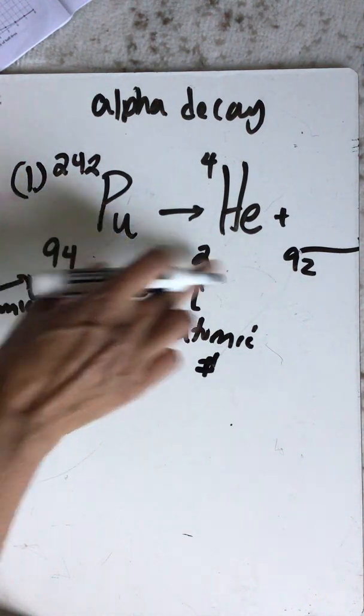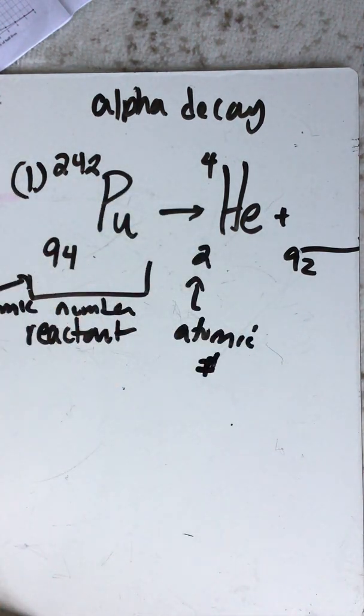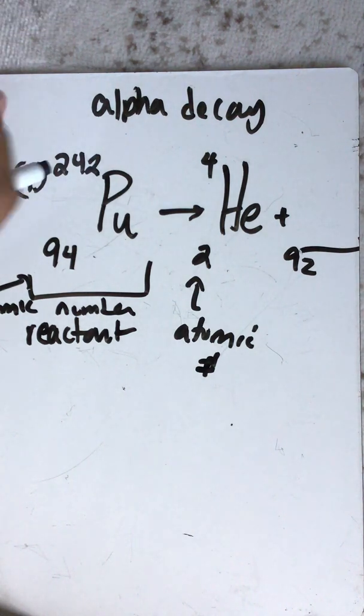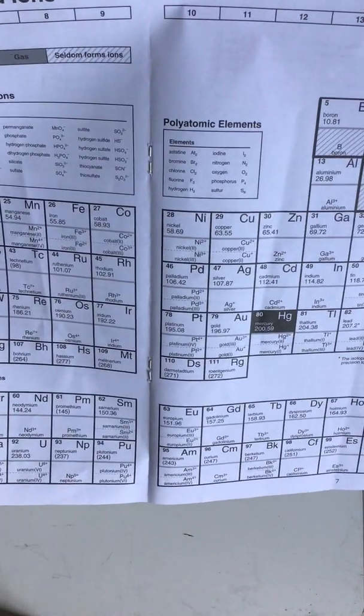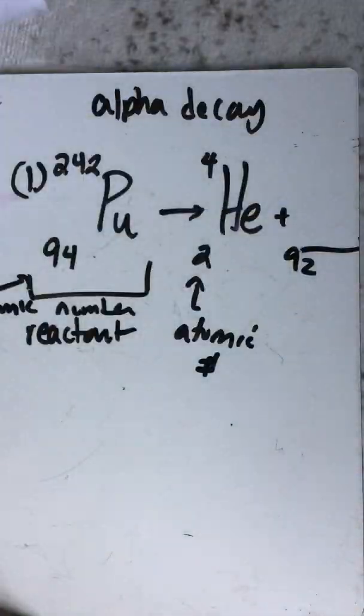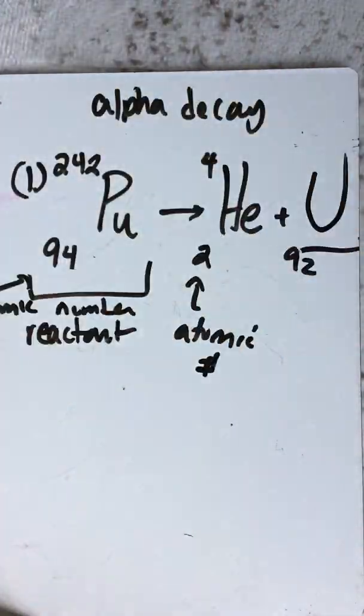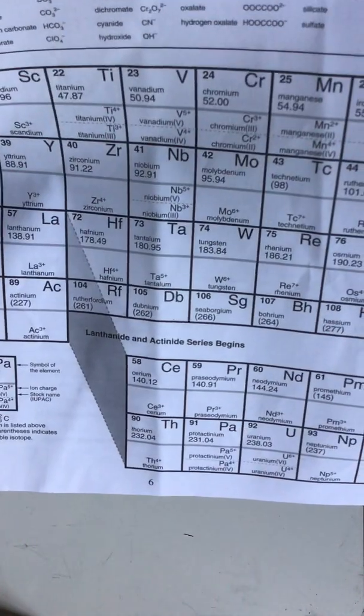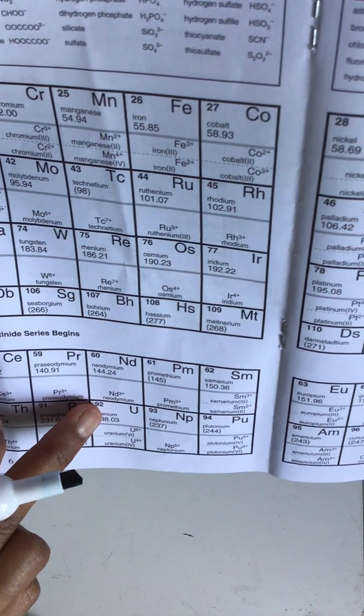So is it true that 2 plus 92 makes 94? If you want to know what has an atomic number of 92, you can look at your periodic table and find number 92. Okay, 92 is right here, uranium. So guess what? You made uranium. Remember, the top number on the periodic table is the atomic number.